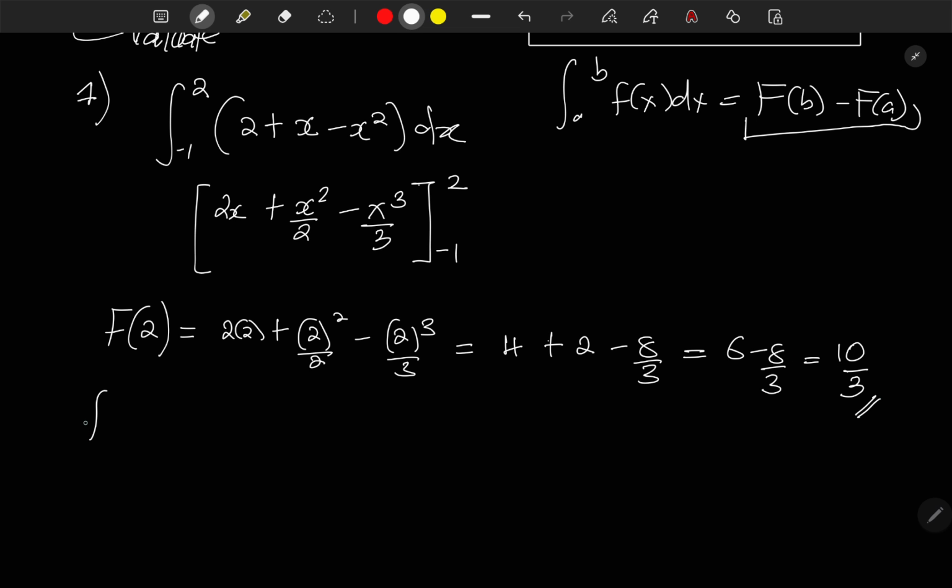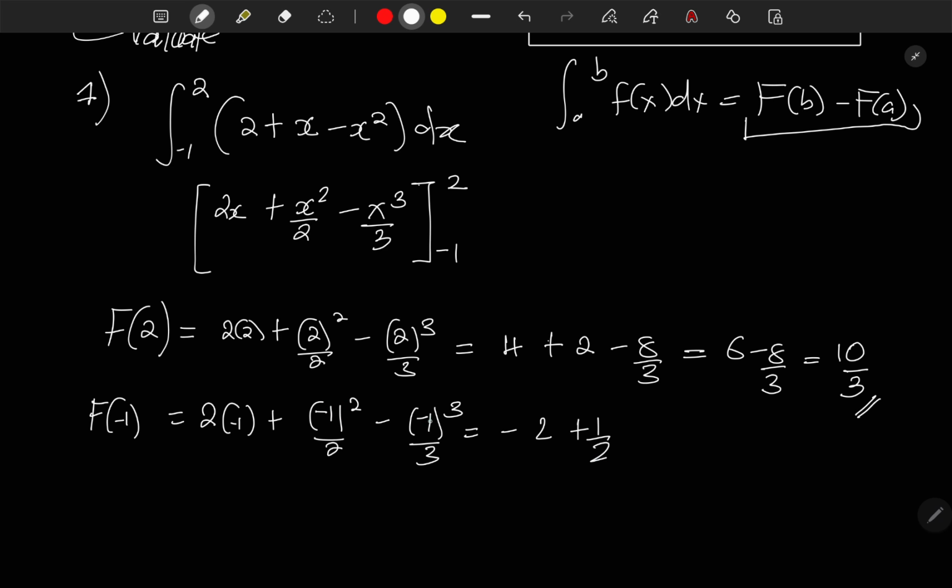Next, you go and find f of -1. Where there is x, we put -1: plus -1 squared over 2, minus -1 to the power 3 over 3. This gives us -2, plus 1 over 2, and here we get negative, but there's also another negative, to give us -1 over 3.